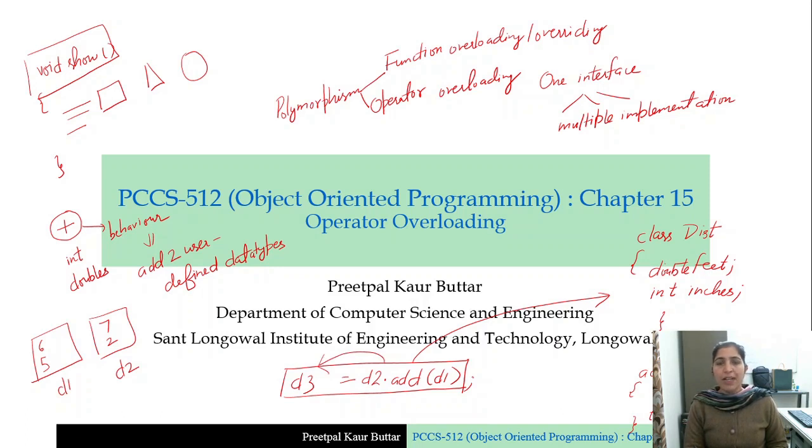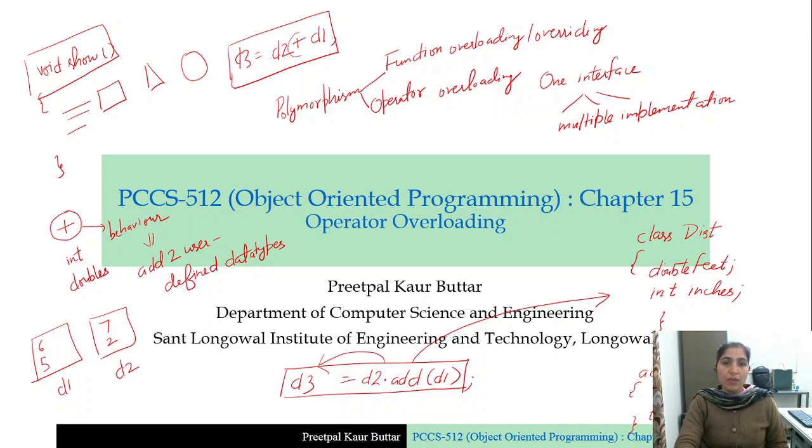Okay, so it looks very cumbersome, right? d2.add(d1). Can't we write simply d3 is equal to d1 plus d2 or d2 plus d1? Why can't we do this? We can of course do this, and this can be done using operator overloading.